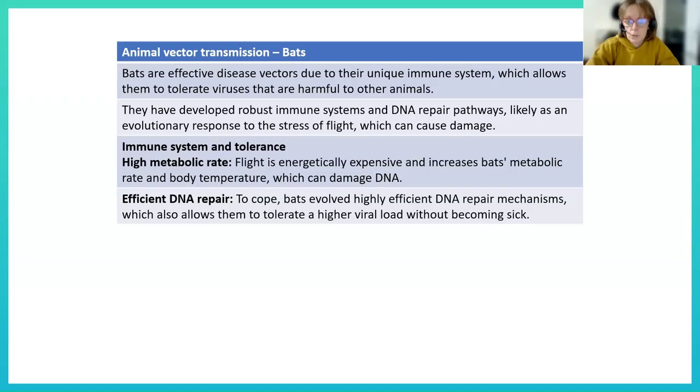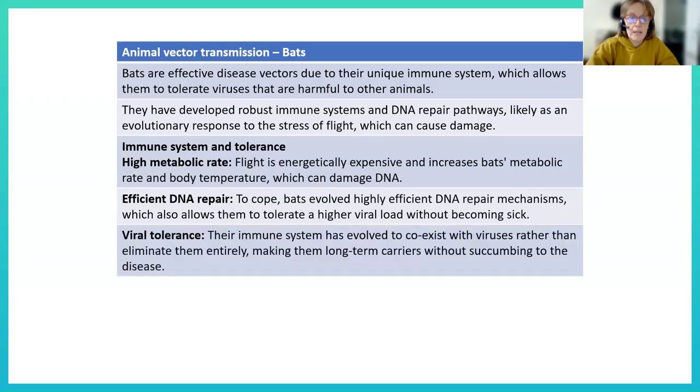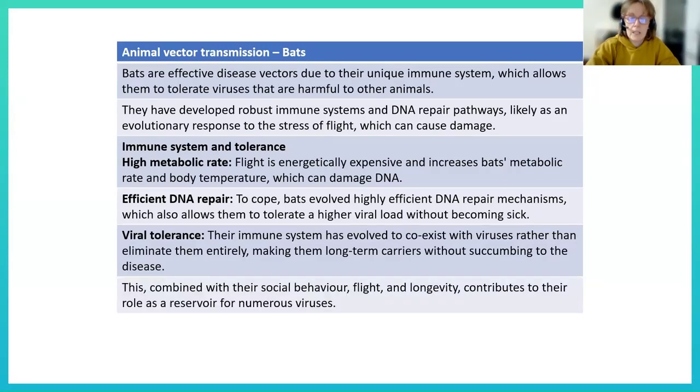And that means they can also cope with getting really sick with a high viral load, which makes them horrendous in terms of an animal vector. Their immune systems have completely evolved to coexist with these viruses. They can eliminate them or just live with them, and they're really good carriers, so they can just fly around spreading to domestic animals. That's nearly always how it gets into humans, via domestic animals.